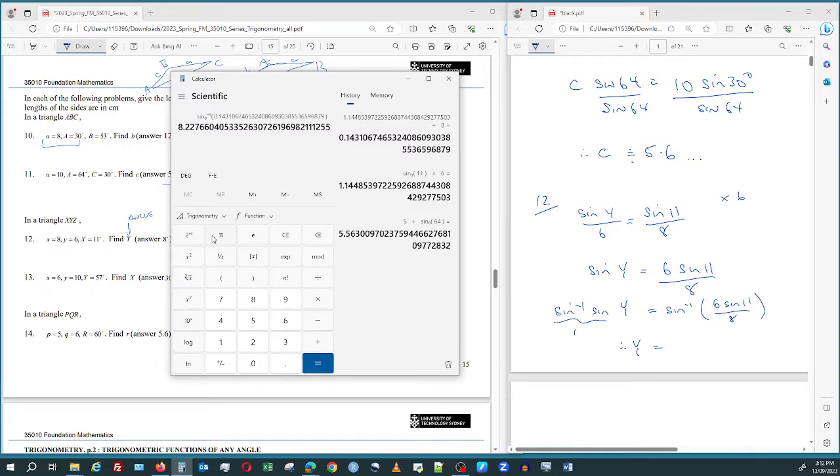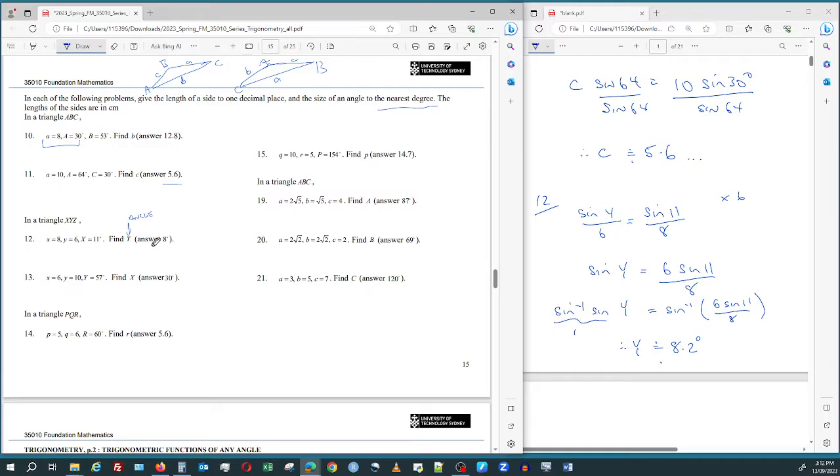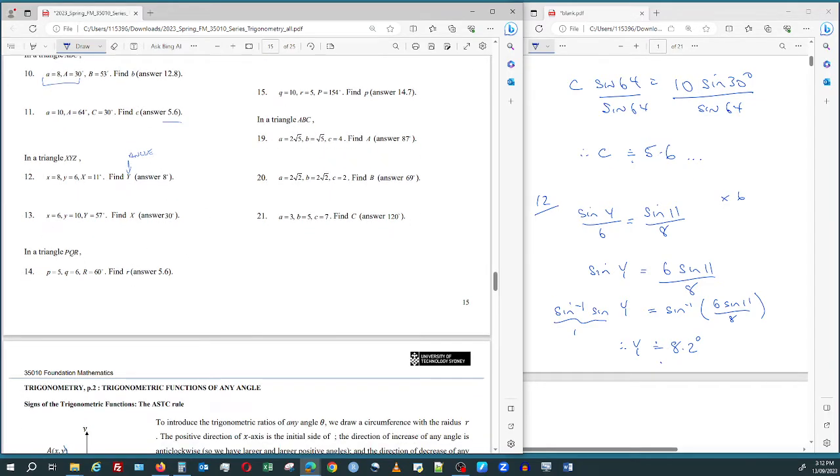You've got to press alpha on yours. Okay. So that's going to approximate to the nearest degree, 8.2. Done. 8 degrees, 8.2. Okay. Wow.